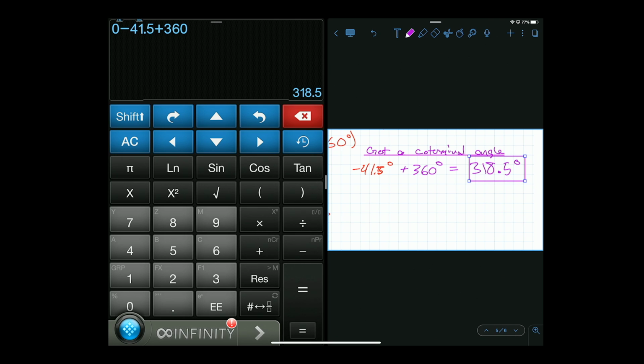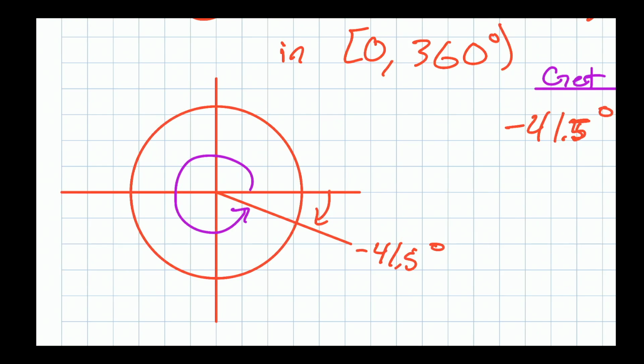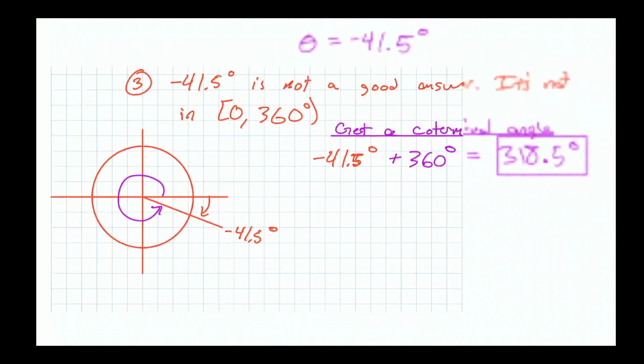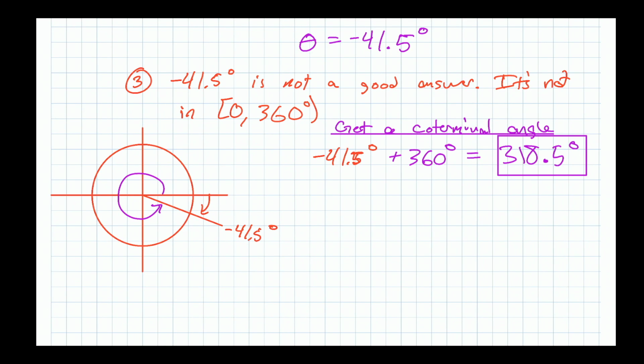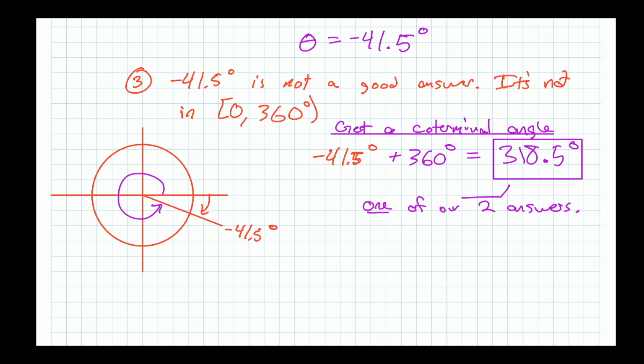But it's only one of my answers. Because that gives me one of our two answers, right? So we fixed the negative 41.5 by adding 360 to it, and so we get back to the same place, but now it's 318.5.